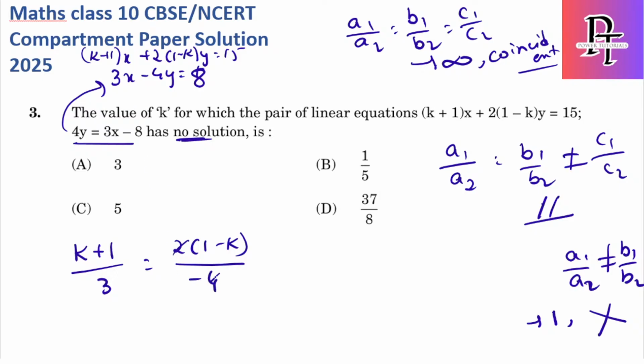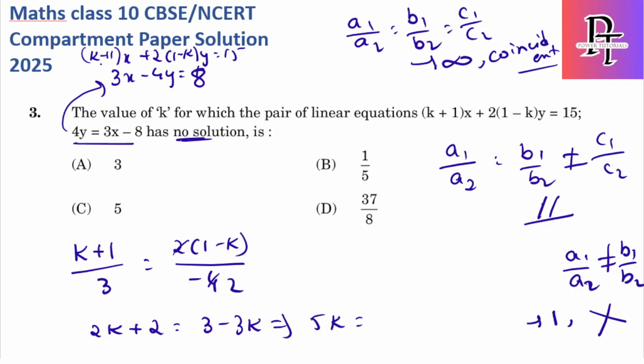Okay, so the 2s you can cancel, just cross multiply. Now this becomes 2k plus 2 is equal to 3 minus 3k. So let's move 3k to the other side, becomes 2k plus 3k, which is 5k, is equal to 3 plus 2.